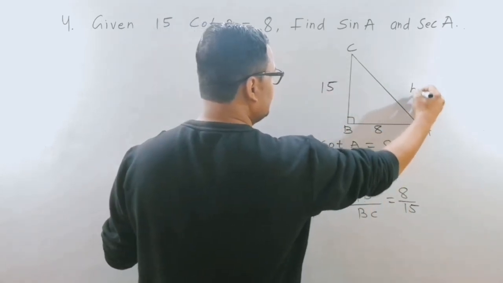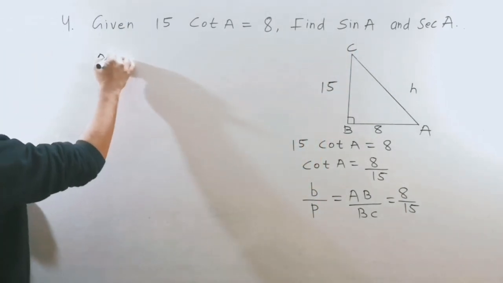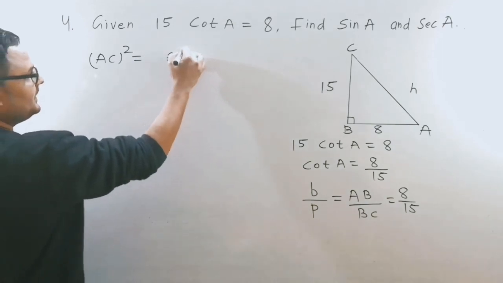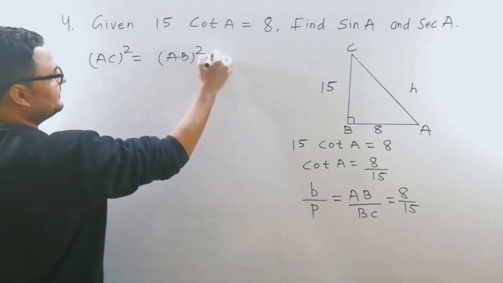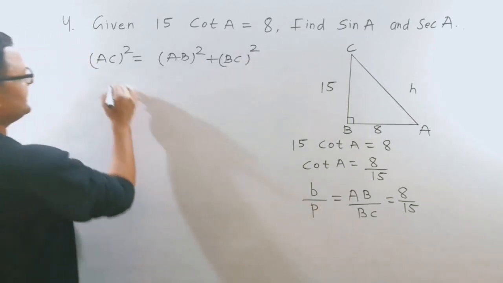Now I need the hypotenuse using Pythagoras. Then AC square equals AB square plus BC square.